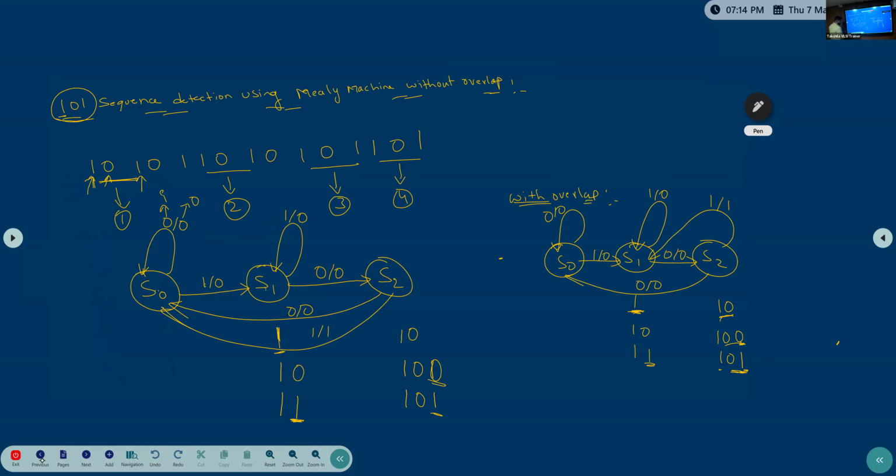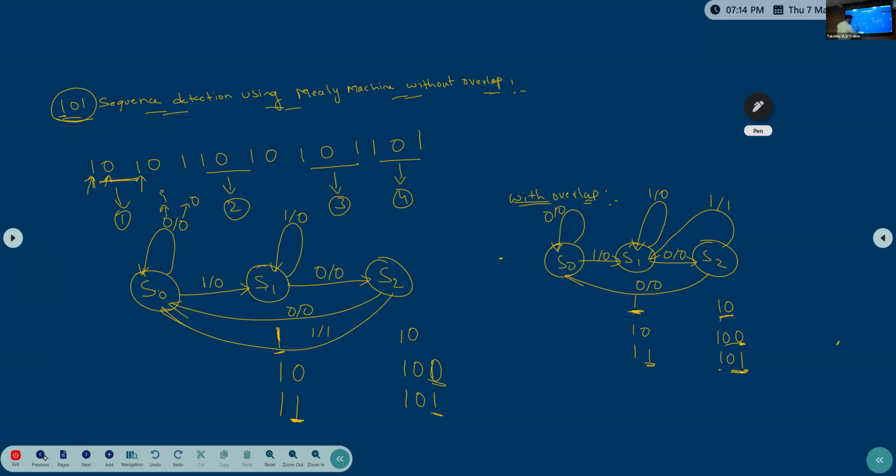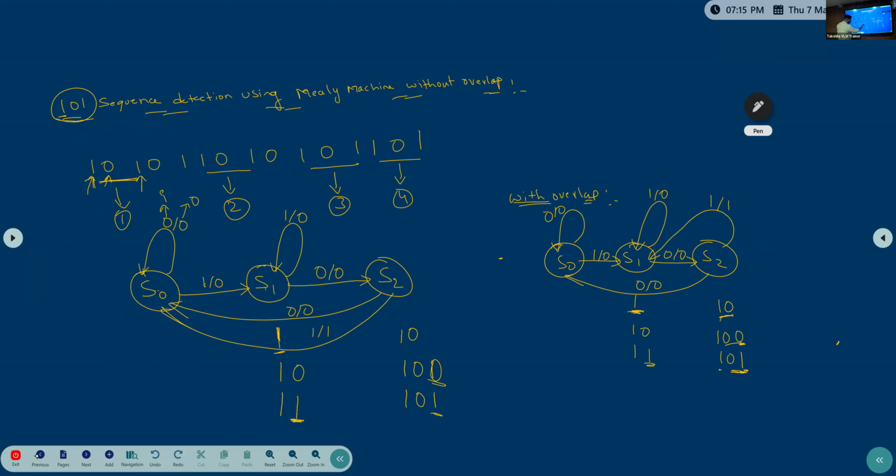S2. If input is 1, where do I need to go? S1 only, the same. Then S2 will have two possibilities, 0 and 1. If S2 input is 0, I am going to S0. If 1 also, I am going to S0.